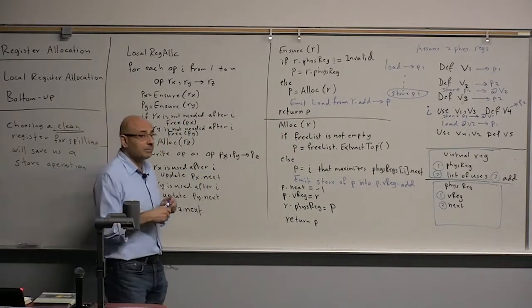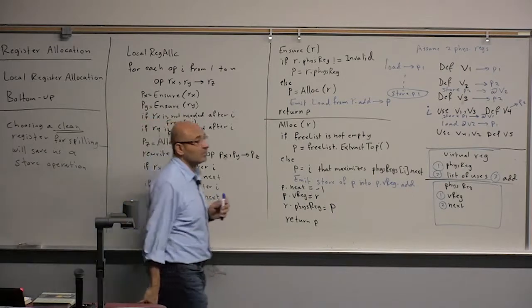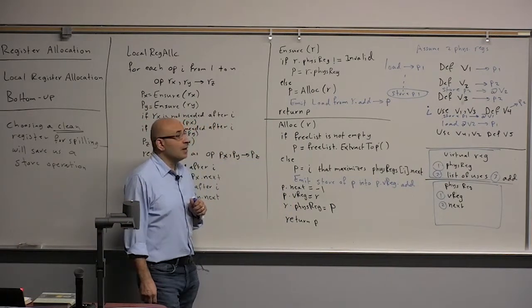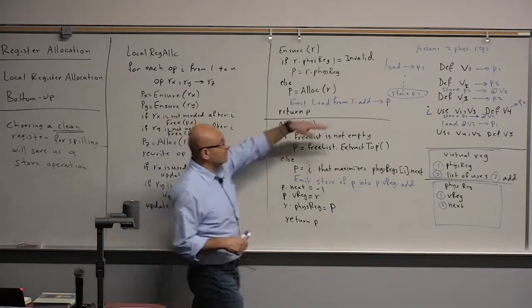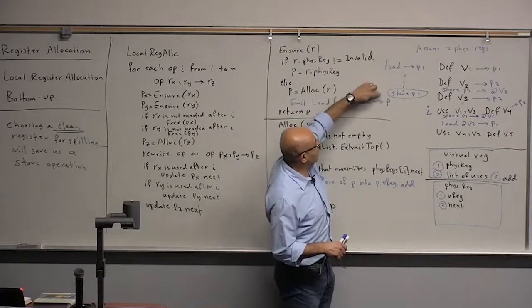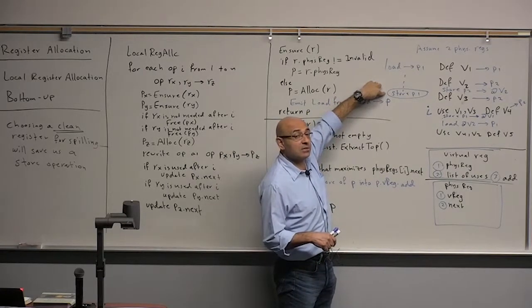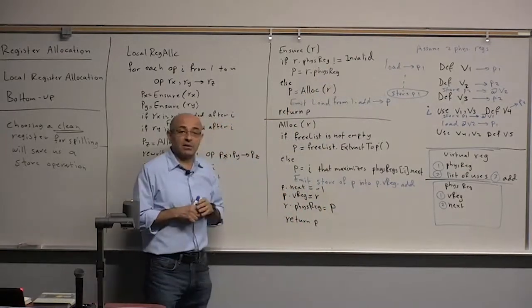Now I have a question about that. If you load P1 and then you don't use it, and you need it for something else, why do that load in the first place? Well, go back to the example that we did. It's used later, somewhere later, but this store was not in the original code. This store is a spill that got added by our register allocation algorithm.